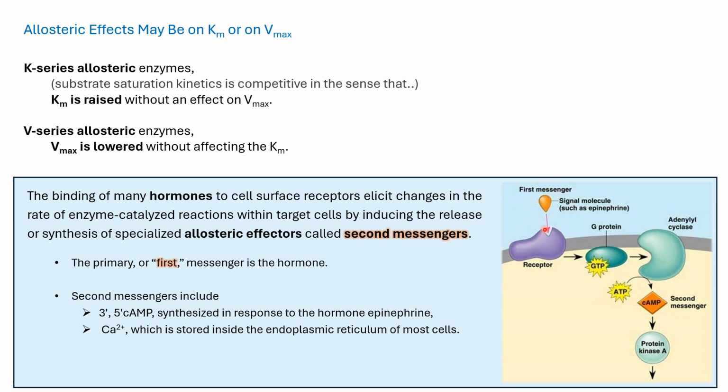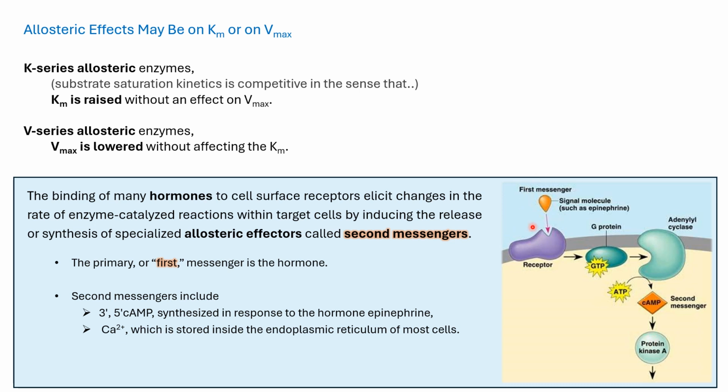This can be bound by receptors on the surface of the cell. And there's a pathway acting via G proteins and the activation of adenylyl cyclase, forming cyclic AMP. Cyclic AMP is a small chemical which is an allosteric effector that activates an enzyme called protein kinase A, which is common to many cell signaling pathways.